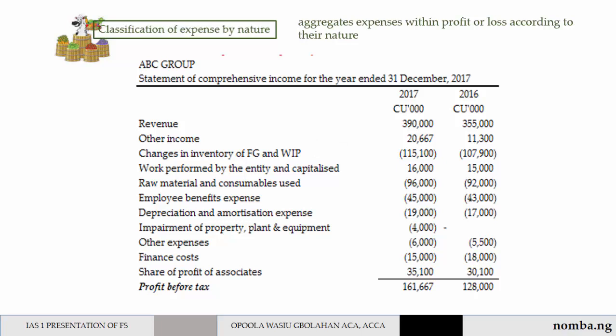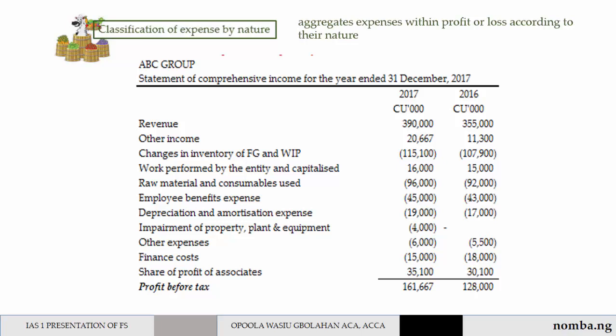Also, you have work performed by the entity and capitalized. This is also the cost of raw materials, labor, and probably other expenses incurred in producing an item which the entity wants to use for personal use. Maybe it is built for the managing director. However, when this asset was built, they capitalized it as an asset within the entity.